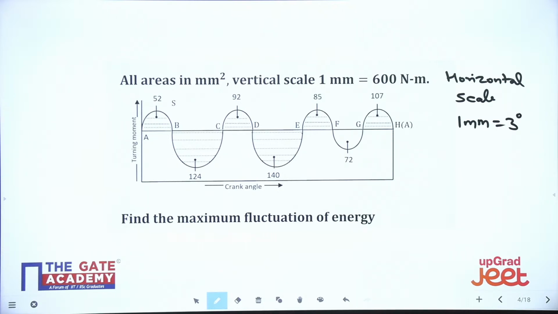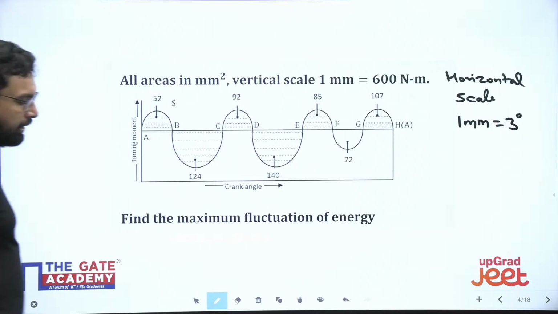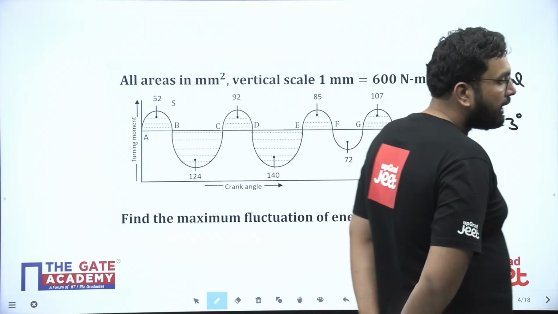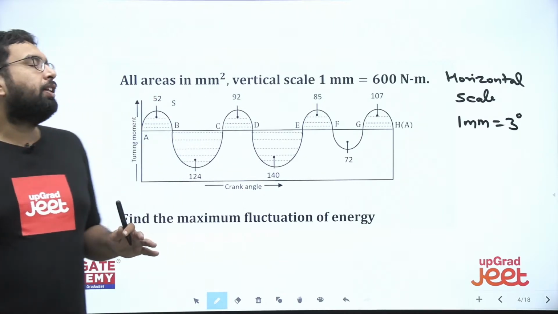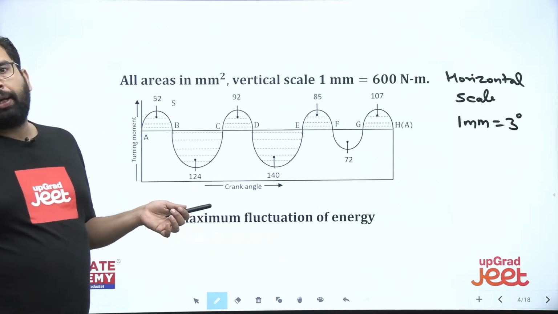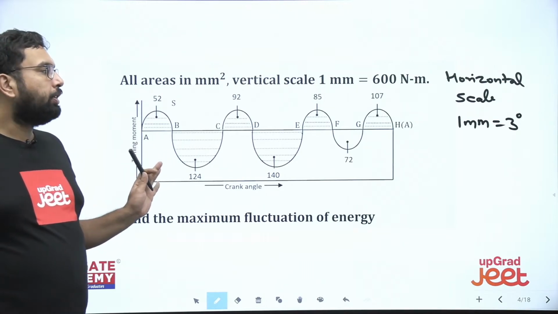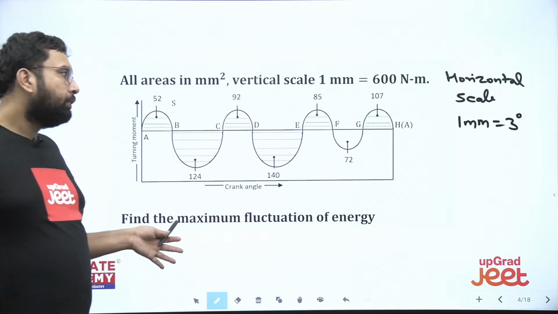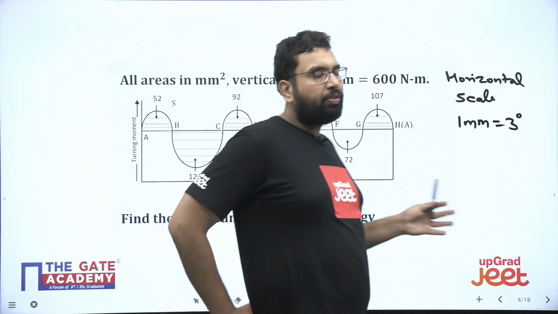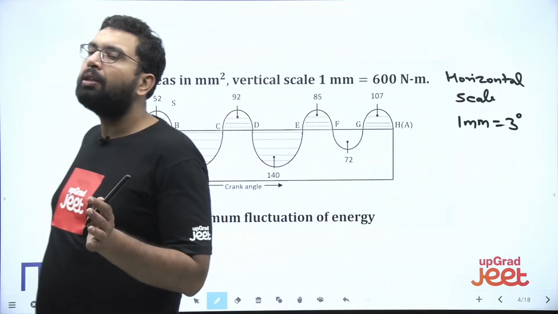So you will have to tell me the maximum fluctuation of energy. Now, if you see this kind of question, you will see that there are many areas above and below the T-mean line, and this looks very different from what we have seen earlier. The first time, a T-theta diagram of a single engine was given, and you have seen the one in which torque is given as a function of theta.